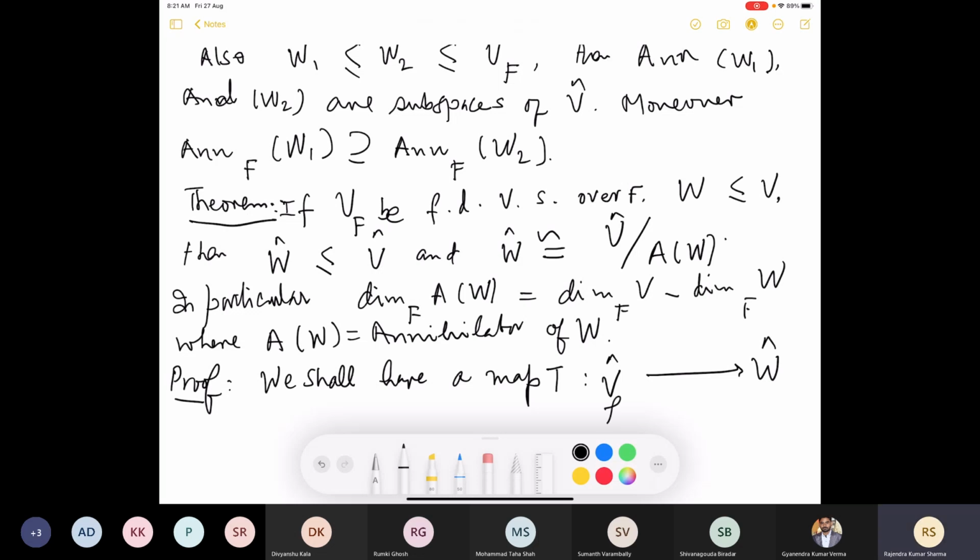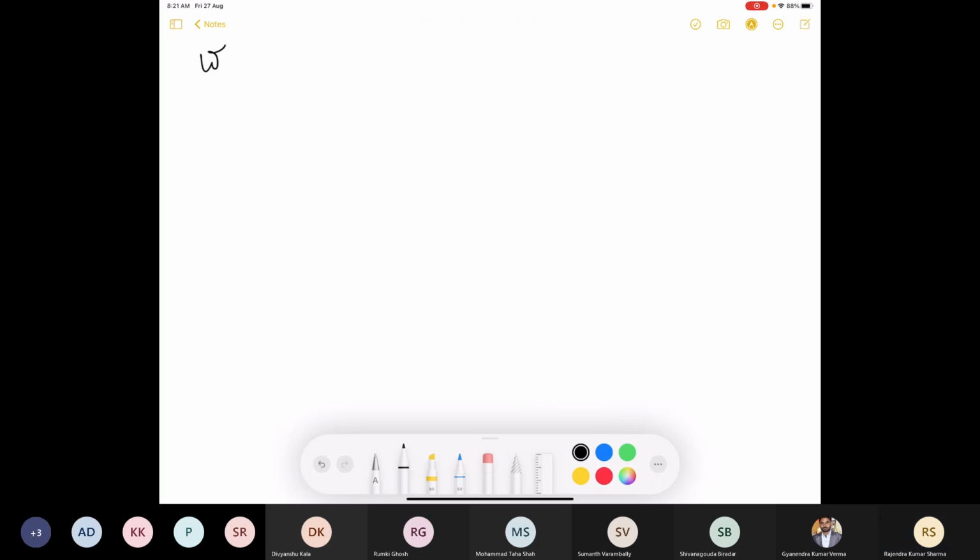So, V hat consists of the homomorphisms of V into F. So, F goes to, say, F of T. Now, F of T should be a homomorphism of W into F. So let us take that this is the restriction of F on W, where this FW is the restriction of F on W. That means what?